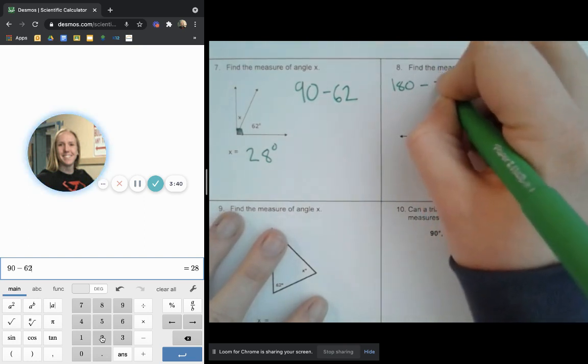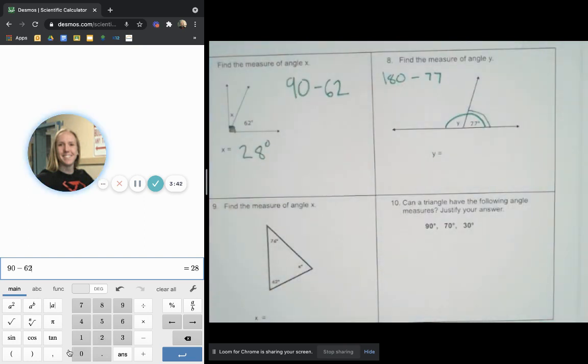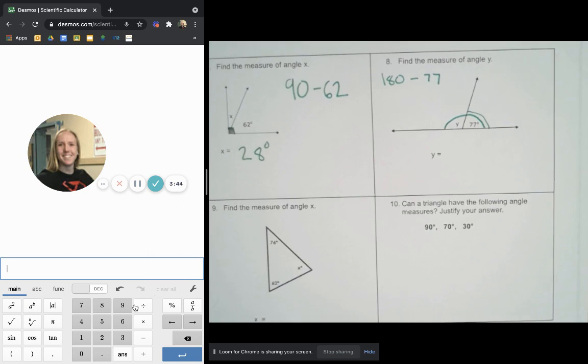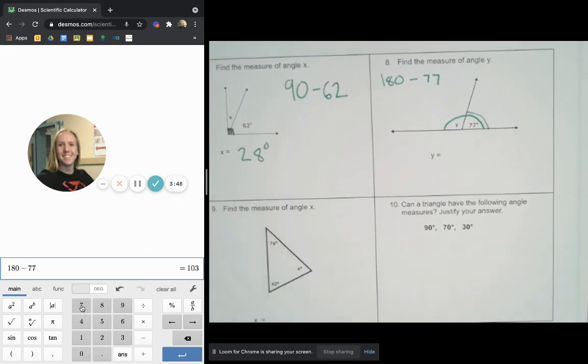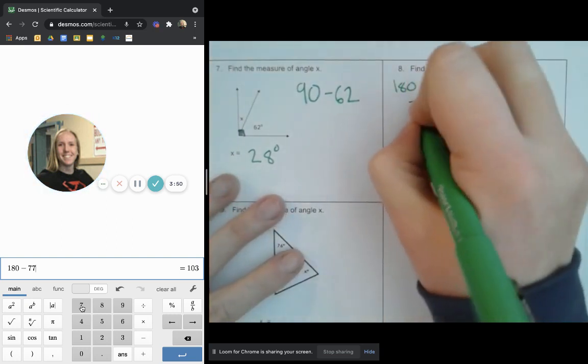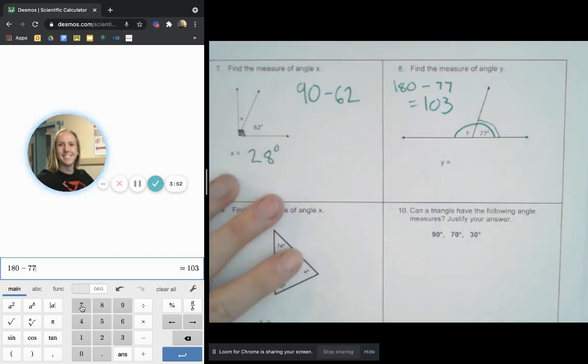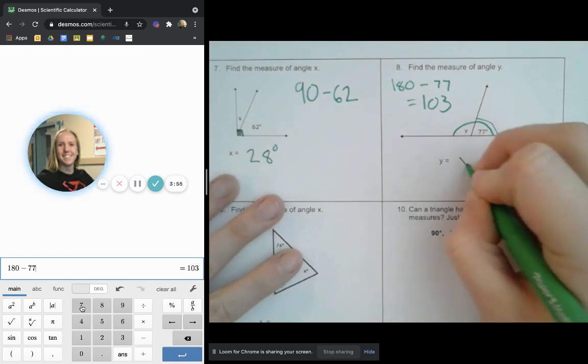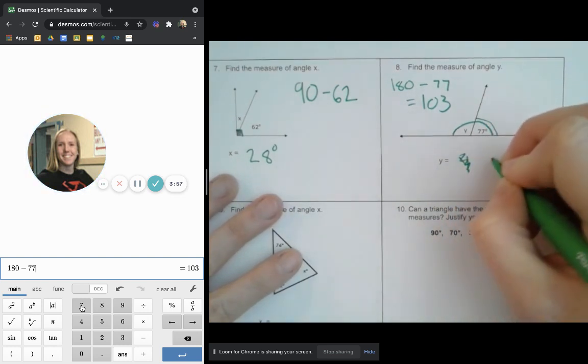So I'm going to do 180 minus 77. And again, you can use your calculator for that, which would leave you with 103 degrees. So y has to equal 103 degrees.